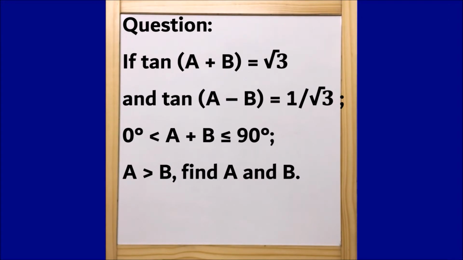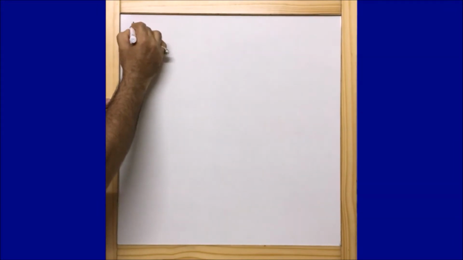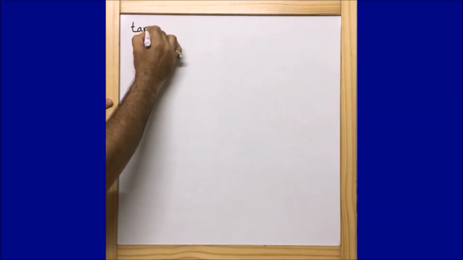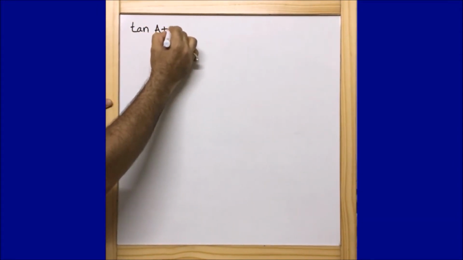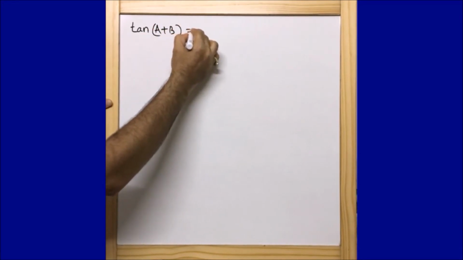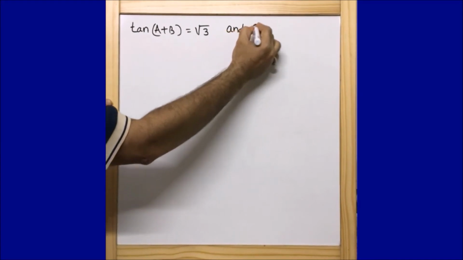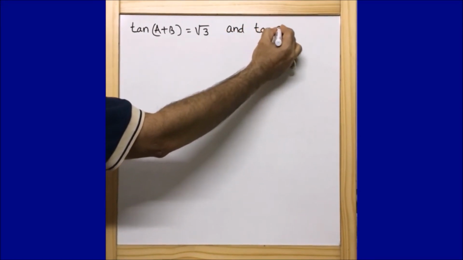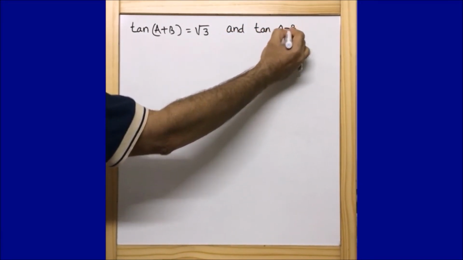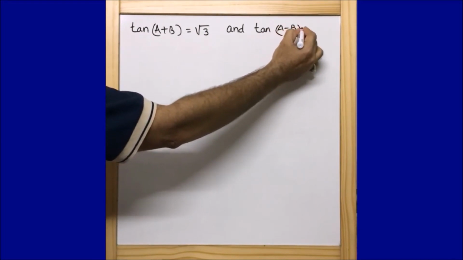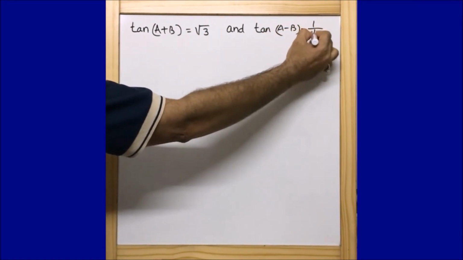Let me first of all put down this question here on this board. The given question is tan(a + b) is equal to root 3, and the other part is tan(a - b) is equal to 1 upon root 3.